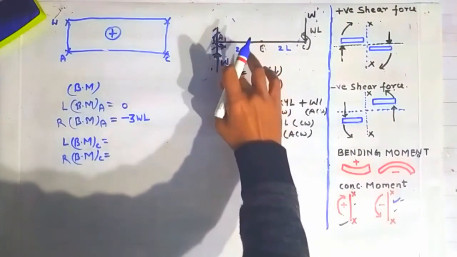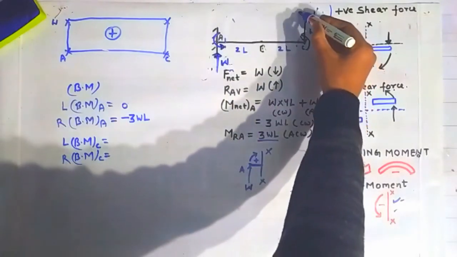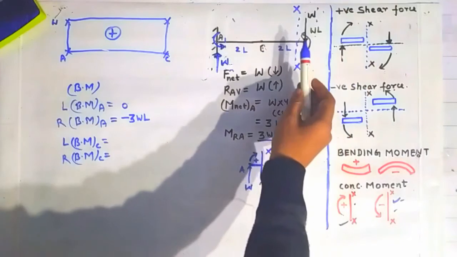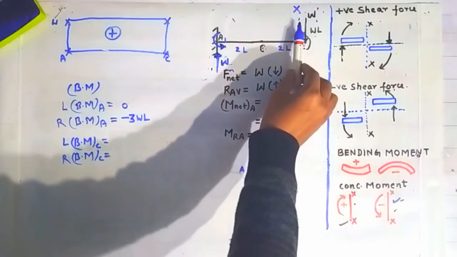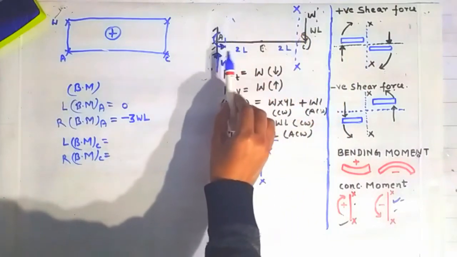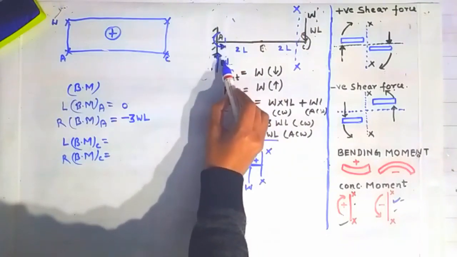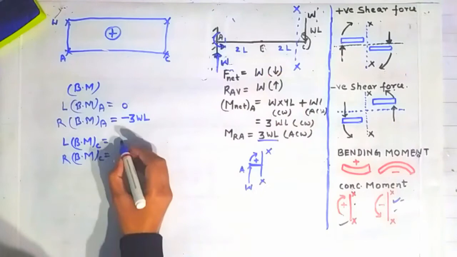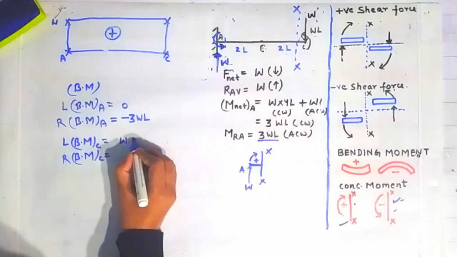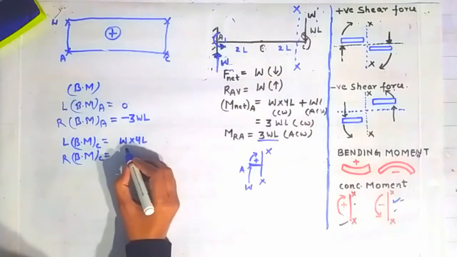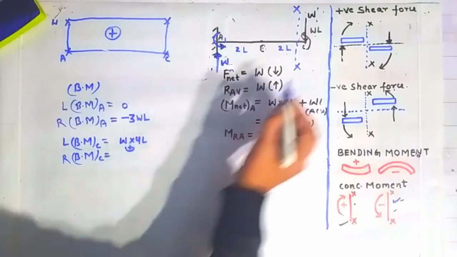Okay friends, we have to construct a section on the left side of this point C. This is the section XX, and we have to look for the various moments acting on the left side of this point C. Because of this force W, there will be a moment of W into 4L, that is W into 2L plus 2L is equal to 4L, and it is creating a sagging bending moment about this section XX.